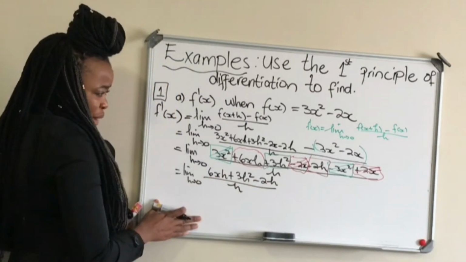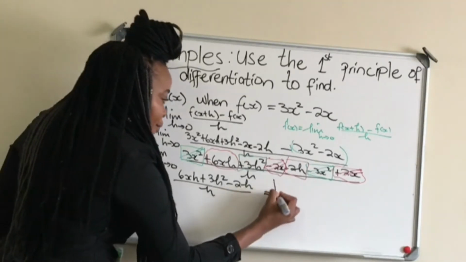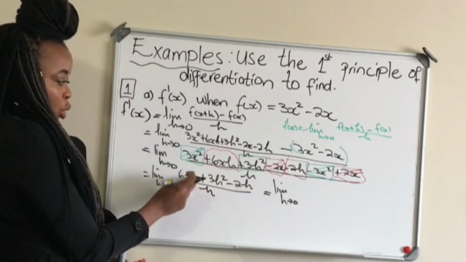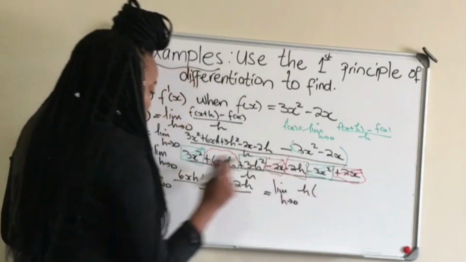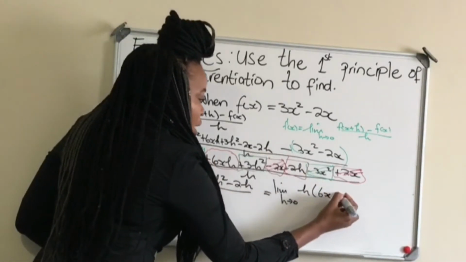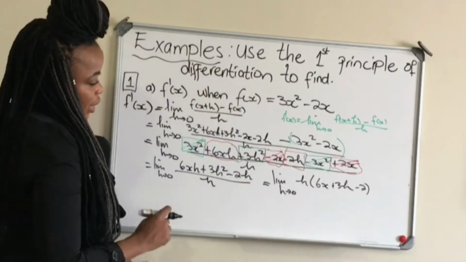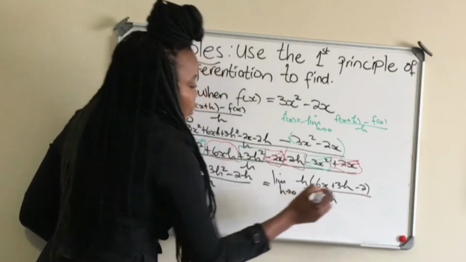Now what we actually have here is the limit as h goes to 0. We factorize because we see they have h in common. So we can factor out h, and then we'll be left with 6x plus 3h minus 2, right? Everything is still over h.